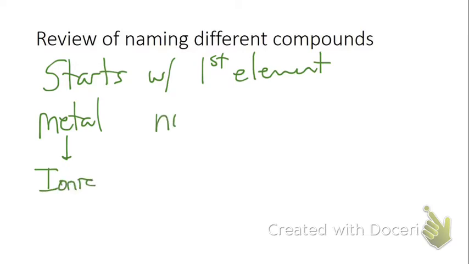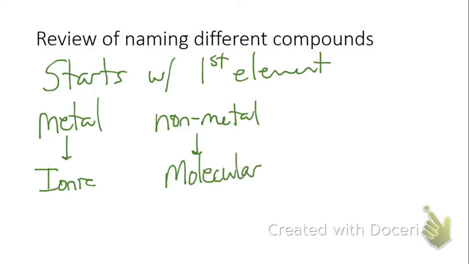If the first element is a nonmetal, we're naming a molecular compound. If the first element is a hydrogen, we are then naming an acid. And so as long as we know these, we can then work on how to name things right when we see them. And the more practice that we get, the better we'll be.